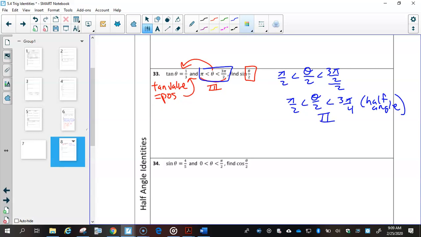So that means if we're using the first half angle formula, the one that has plus or minus with your square root, our equation would be negative because it's in the second. So they've switched the value in the equation piece that we knew before.